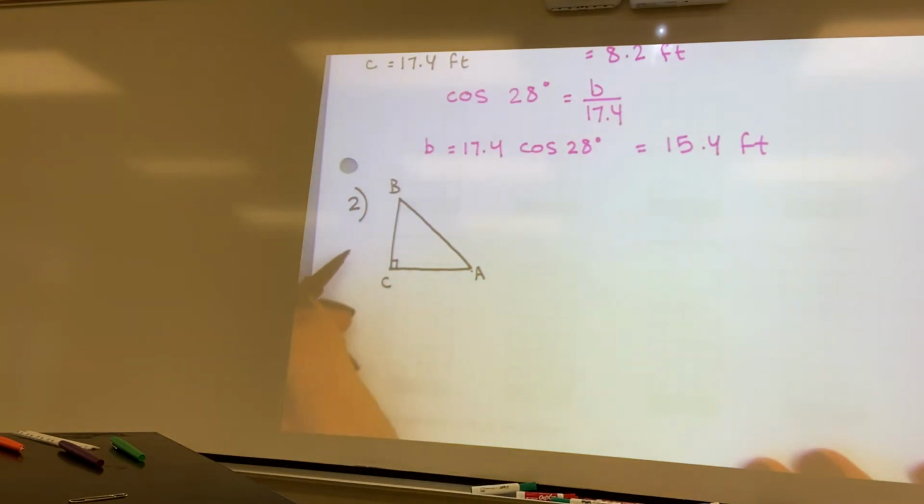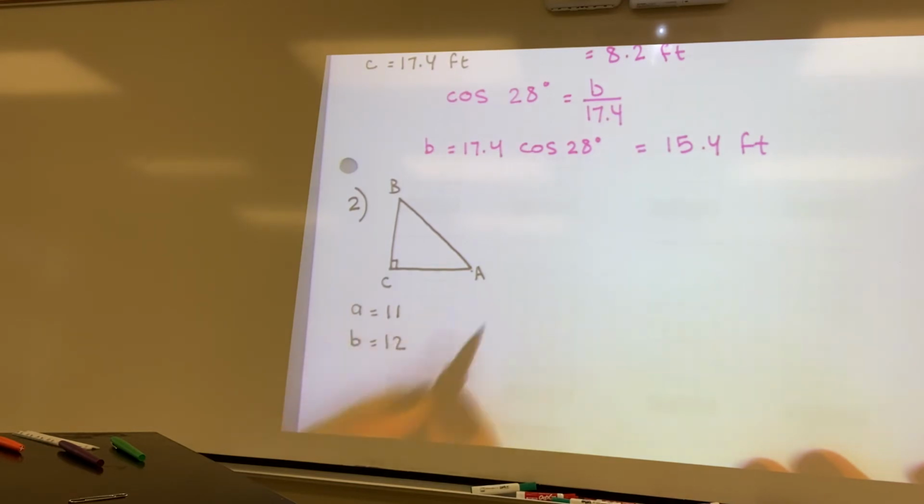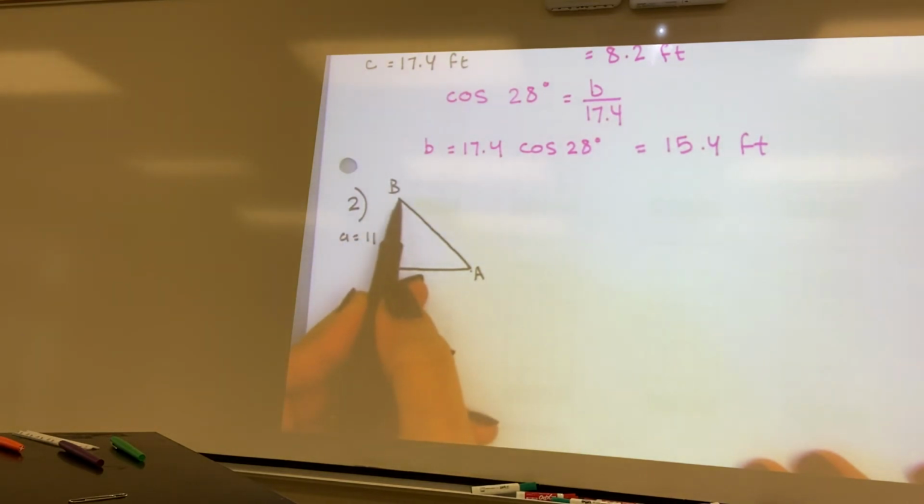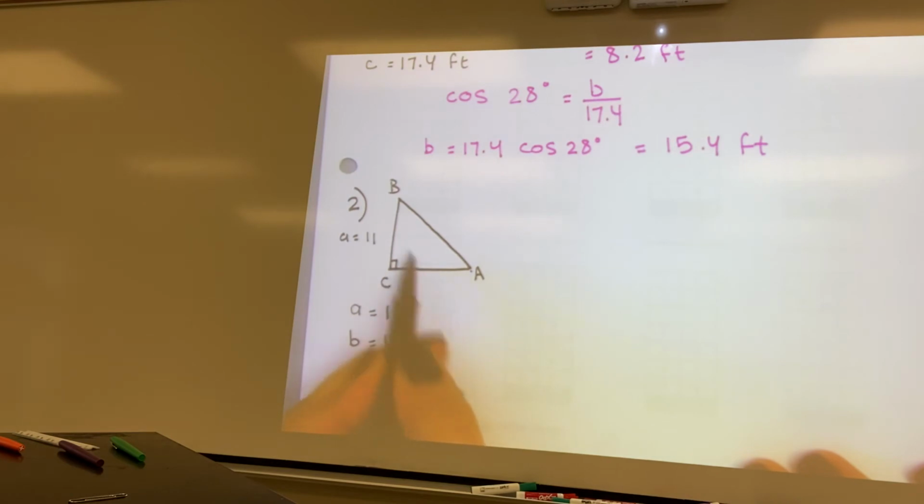And I've been told that A equals 11 and B equals 12. So this side is A, and it's equal to 11. And this side is B, and it's equal to 12.